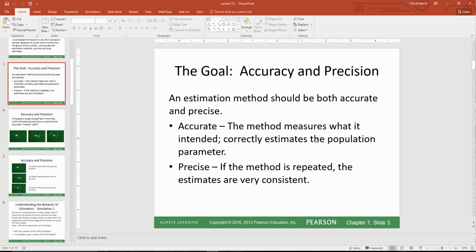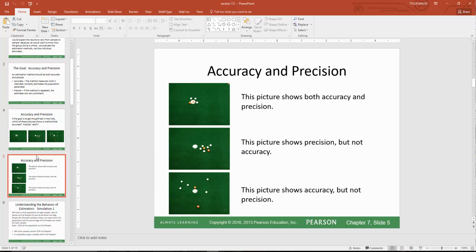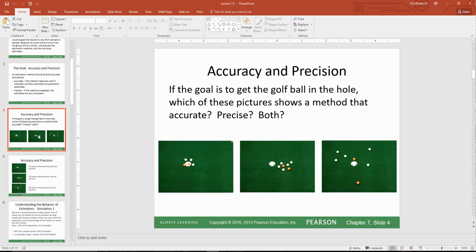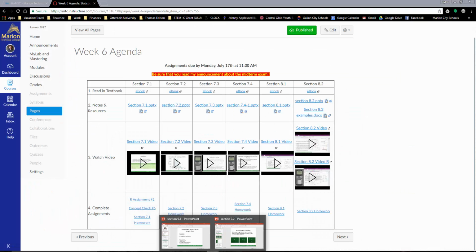Does it correctly estimate, well, here we would have the population mean? And precise: if the method is repeated, the estimates are very consistent. Remember, we looked at some examples with golf balls. If you need to, you can refresh yourself on those terms, but those terms apply here also, just with sample means.